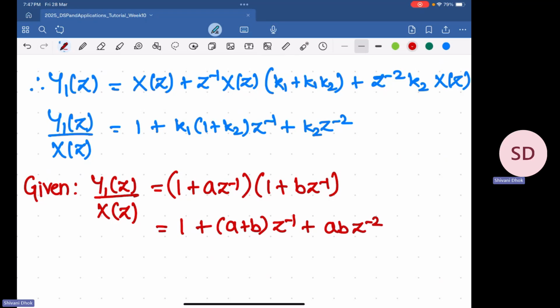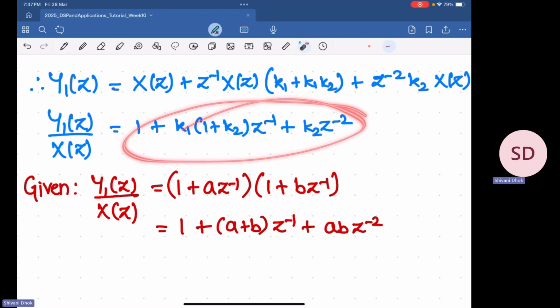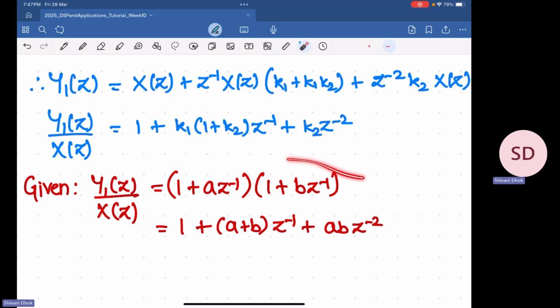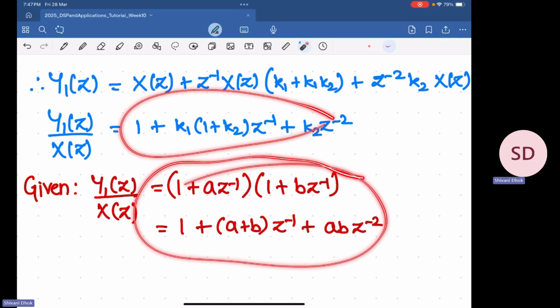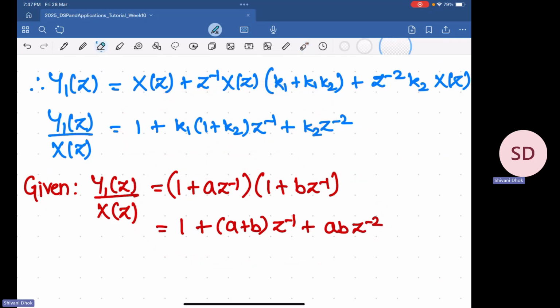Now if we do pattern matching of both the equations, that if we compare the coefficients of z to the power minus k in both of these equations, this one and this one, what do we get? We get the coefficient of this z inverse is equal to a plus b, and similarly the coefficient of z to the power minus 2 is equal to ab.